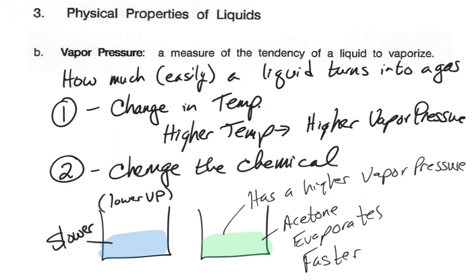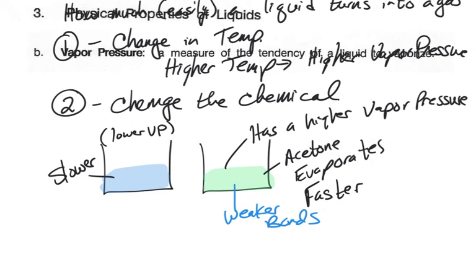So we're looking at the strength of the bonds, and this tells us that it has weaker bonds. Weaker bonds are going to give a higher vapor pressure.